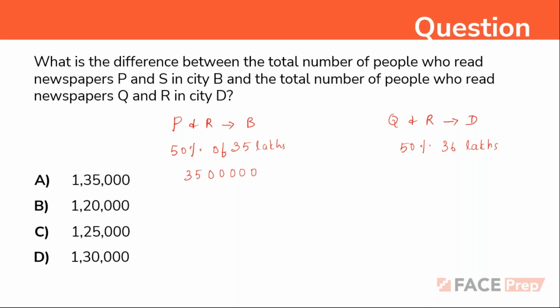What is 50% of 35 lakhs? See, it's easy to calculate. What is 10 percentage? 10 percentage is 3,50,000. So 50 percentage is 3,50,000 into 5. So that will be around 17 lakhs 50,000.